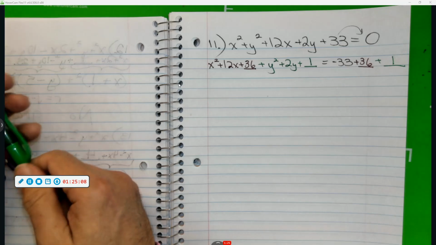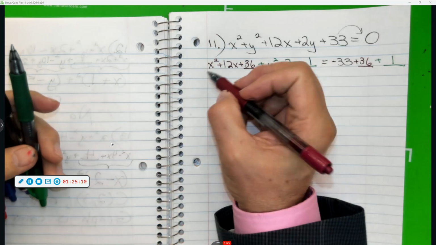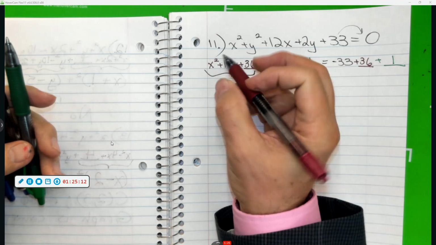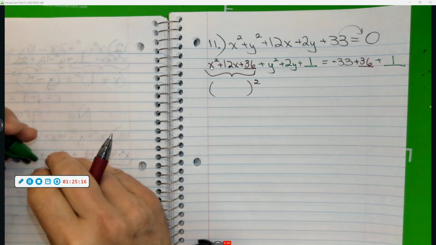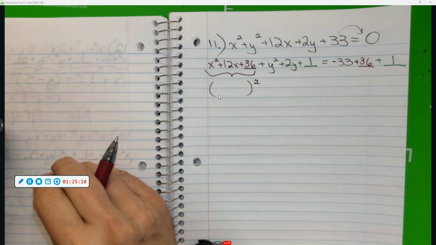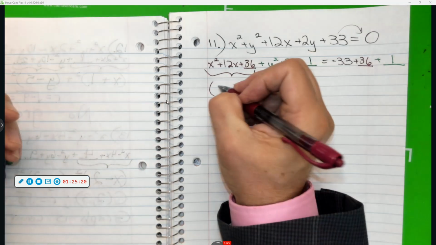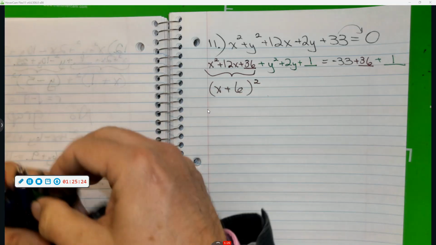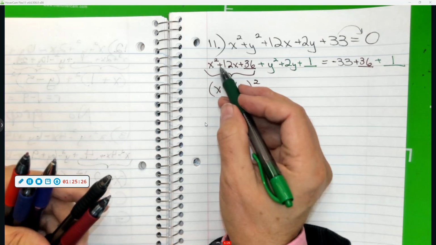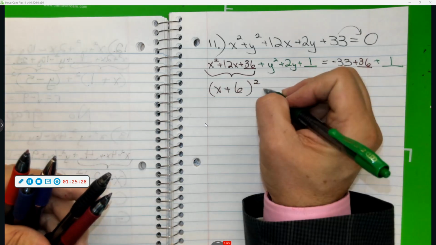We can then factor the x terms. What's going to go in those parentheses? X plus 6, I agree. Variable sign, half of that number.